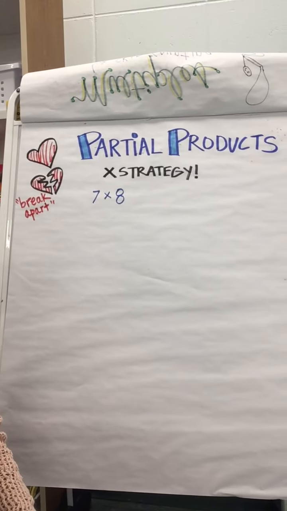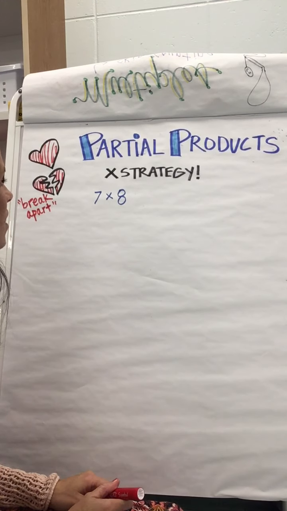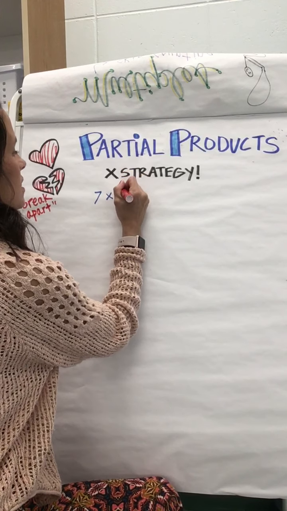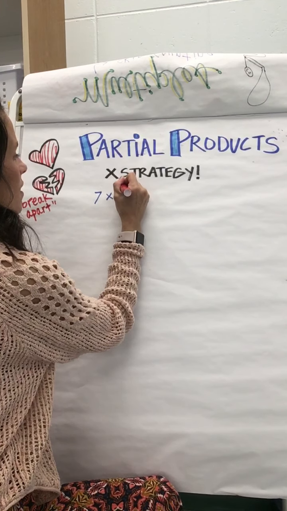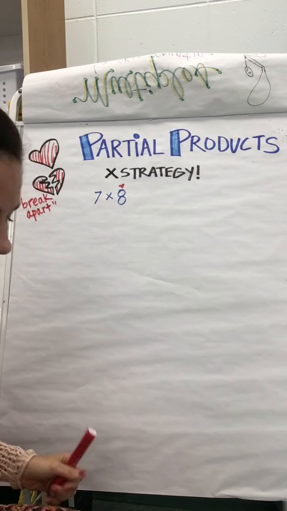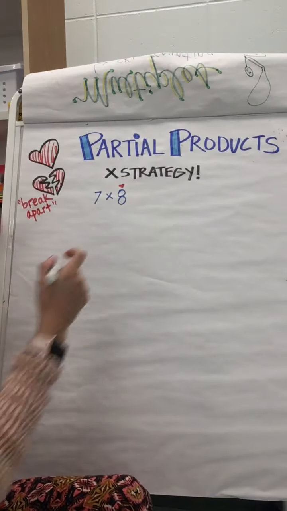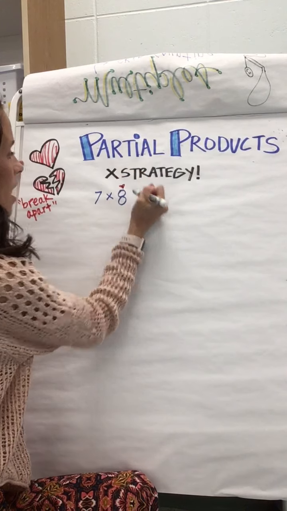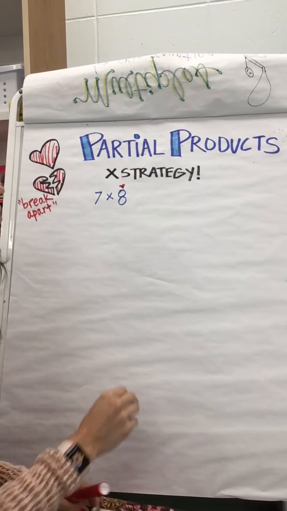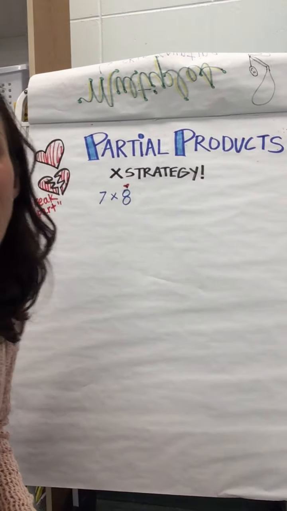In order to solve this, I might say, well, wait a minute. I always get stuck on this fact, but what if this is the one that I break apart? Instead of calling it 7 times 8, what if I break it up? There are different ways you can break it up. I want you to think right now: how could 8 be formed?